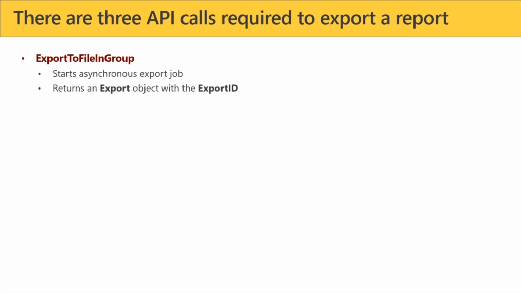Now, let's go back here. It turns out that Export To File In Group is one of 3 methods you have to call. When you call it, it kicks off an export job and returns to you an export object that shows a status of not started. But the idea is that you have an export ID.